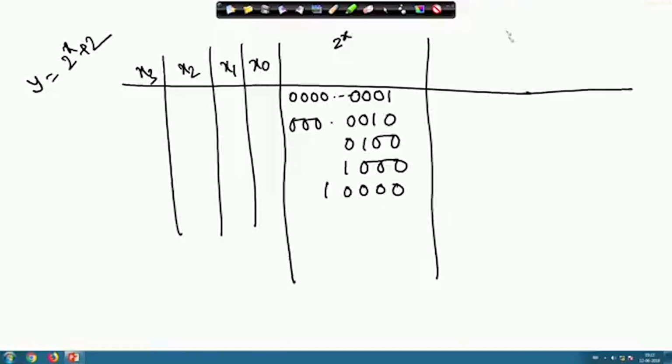Now what I need to do is 2 to the power x plus 2. If I want to design 2 to the power x plus 2, at that time if I just add 2 to it, it will be like 1 becomes 3, then 2 with 2 added will become 4. After that this 4 will become what? 6.